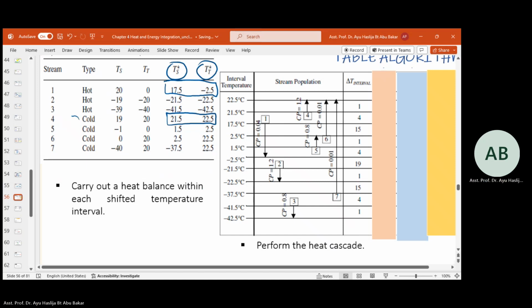Okay. Cold plus 2.5, hot minus 2.5. Okay. Then, yes. Correct.